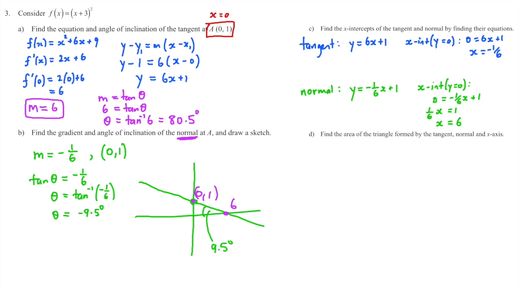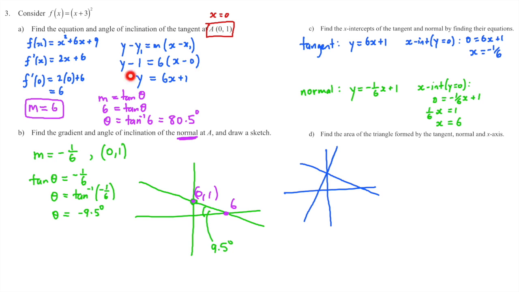Now, find the area of the triangle formed by the tangent, the normal, and the x-axis. The tangent, the normal, and the x-axis. Well, let's just do a quick sketch again of what's going on here. There is my normal. Here's the tangent one. I haven't drawn the function, but this comes from here.